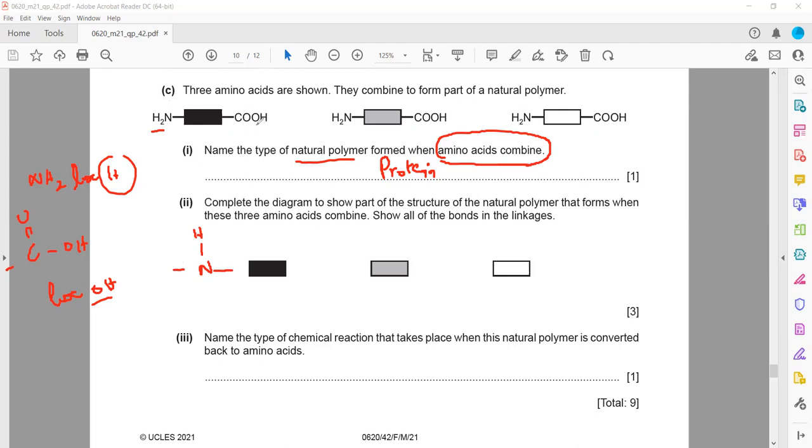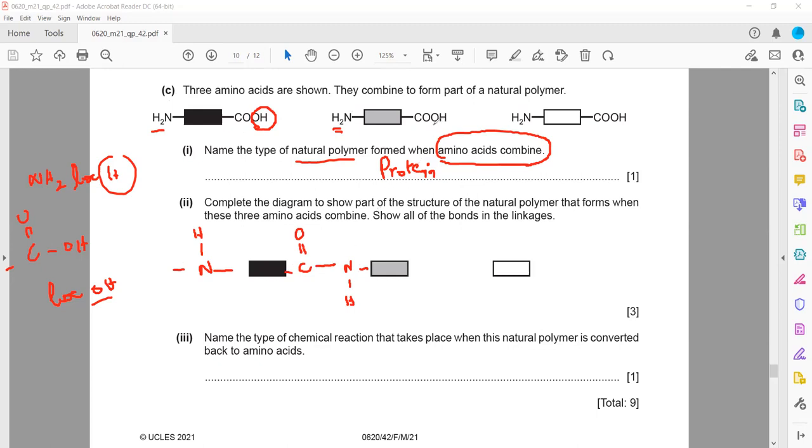Now what will happen? This will lose its OH, and the amine will lose one of the H, not both. So this will be CO, meaning C double bonded with O, and NH meaning N with H. And now, because nitrogen has one bond and carbon also has one bond, they will link with each other, which we call an amide or a peptide linkage.